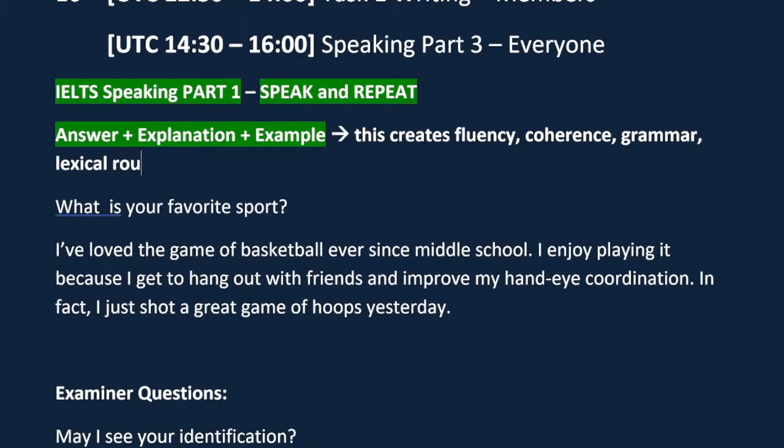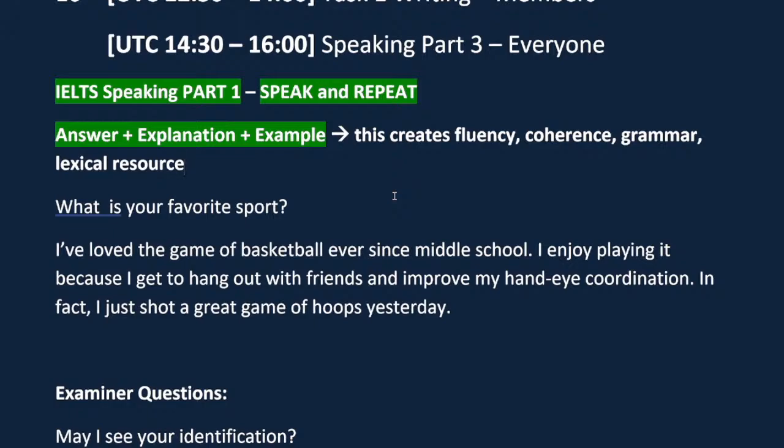So these are what the examiners are looking for. And by giving an answer, explanation, and example, you're creating that fluency, that coherence, that grammar, and that lexical resource.